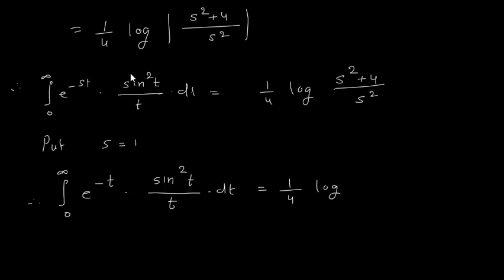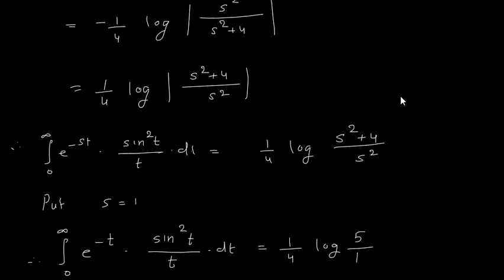So 1 plus 4 is 5, so it is 5 upon 1. So it is 1 upon 4 log 5. Right? In the same way, whatever problem you get for evaluation, you can solve.